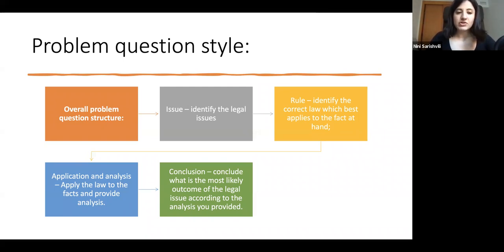So here you have to apply the law to the facts of the case that you're given and provide analysis, provide arguments. What would be the most likely outcome if this case went to the court? What do you think? What would be the judgment? And then you have to sum up your analysis and conclude.